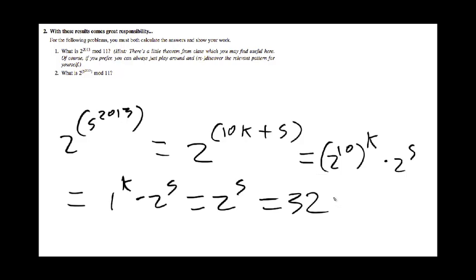And of course 32 is as good as -1 or 10, whichever you like. Just simplifying it there, nothing wrong with just saying 32 itself. Of course, there's nothing wrong with just saying 2 to the 5 to the 2013 either, but perhaps the simplest way of putting it is this is -1 or 10 mod 11. So the answer to part 2 is 10 or -1, whatever you like. They're all good.